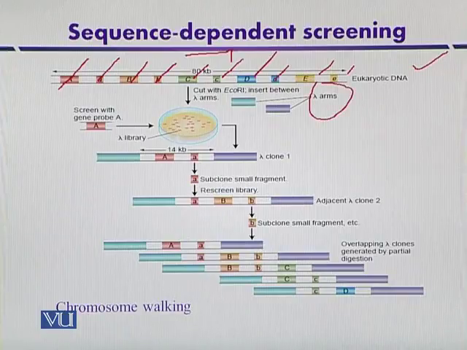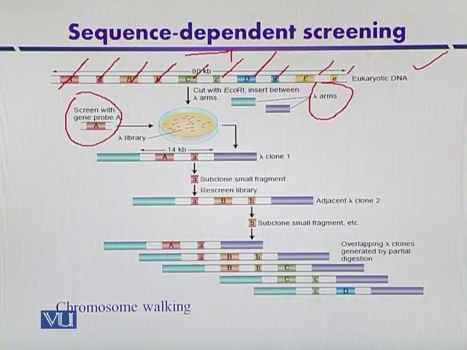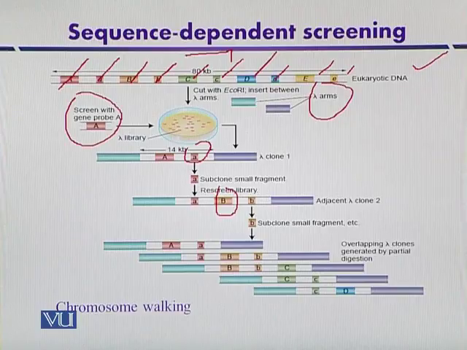Then the first fragment, like that corresponding to gene A, can be used to detect the next fragment, the A small fragment. The A small fragment is subcloned to detect the next fragment or gene, which is called B. In this way, B is used to clone C, and the C probe is used to clone D.